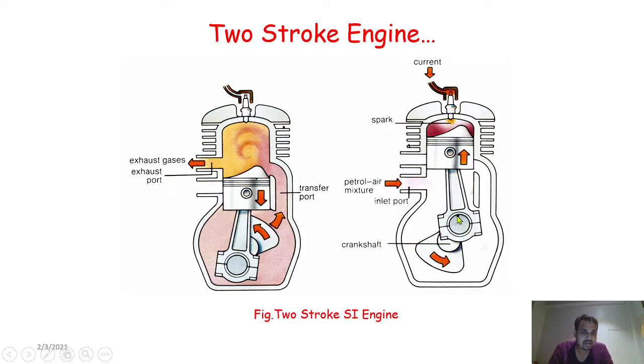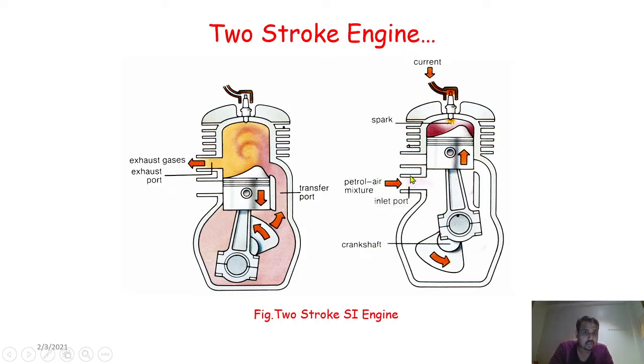This does not happen in the four-stroke engine. There, during suction, the piston moves from TDC to BDC and the air-fuel mixture enters above the piston. Here it is totally different; reverse things happen in the two-stroke engine.